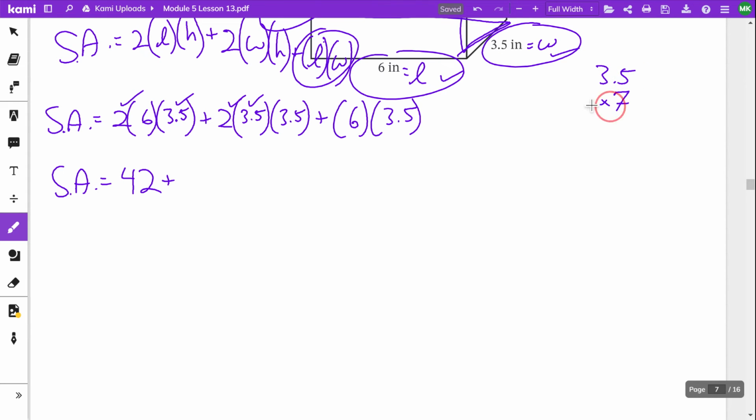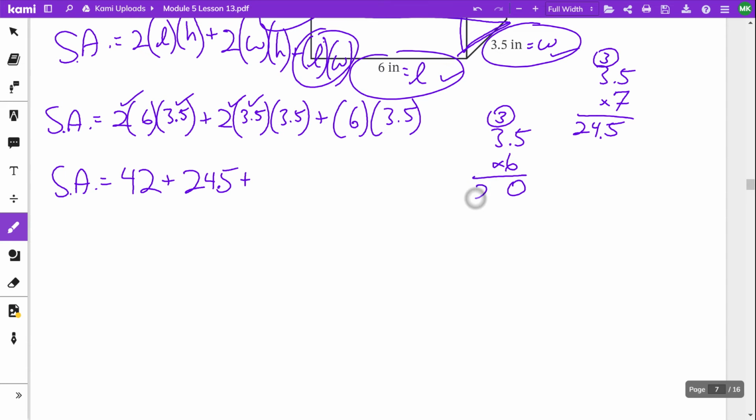So 3.5 times 7, 35, 21, 22, 23, 24, 245. Oh, I've got the decimal, so 24.5. And then 3.5 times 6: 30, 18, 19, 20, 21. Don't forget the decimal. So 21. Okay, and that should do it.